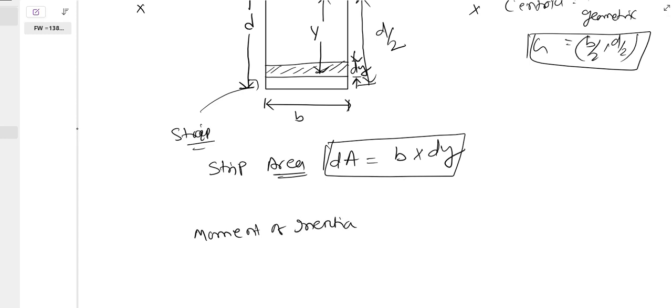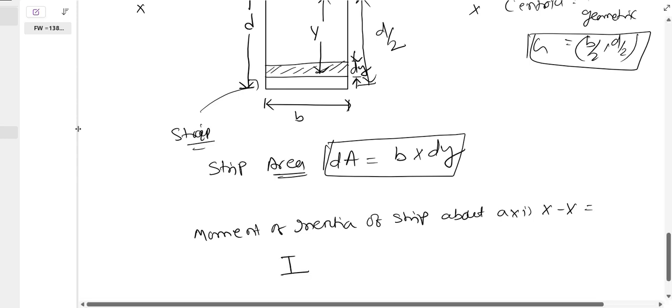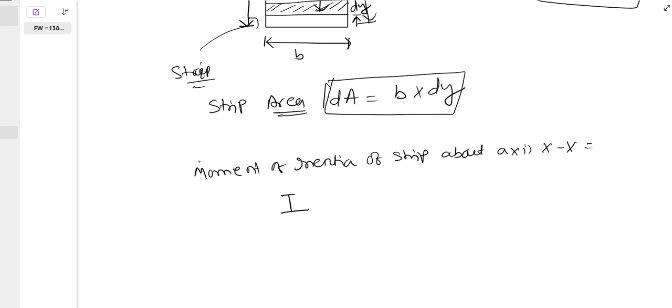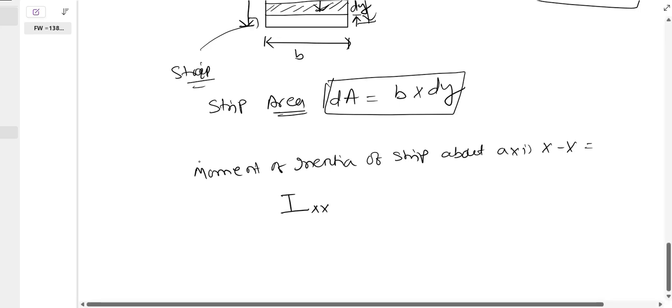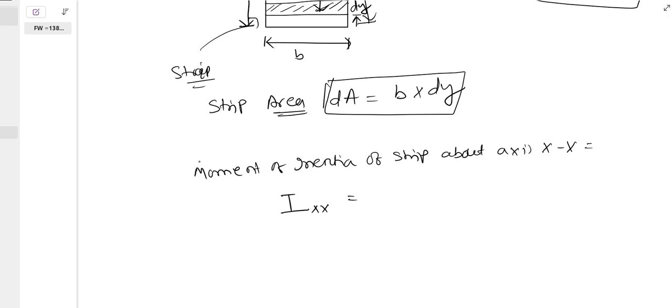of any area about any axis is equal to the product of area and the square of this perpendicular distance between the axis and the centroidal axis of that area.